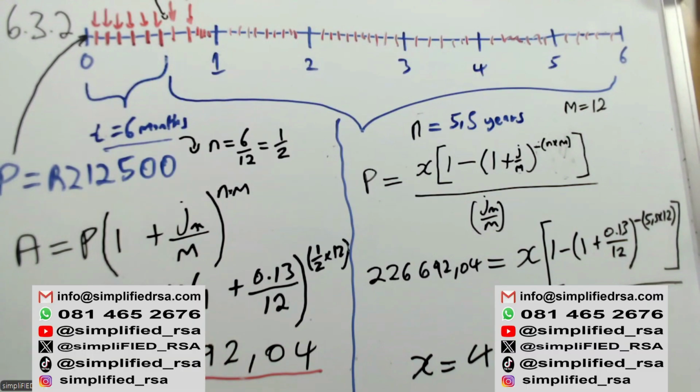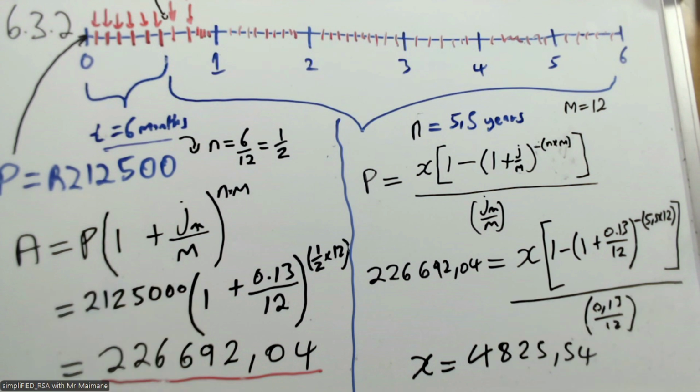So, the installments that Thabo will pay for the loan that he took, whereby the payments will start happening after 6 months, is going to be 4,825.54.